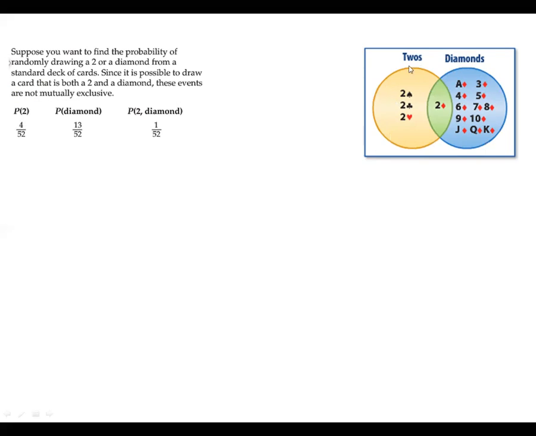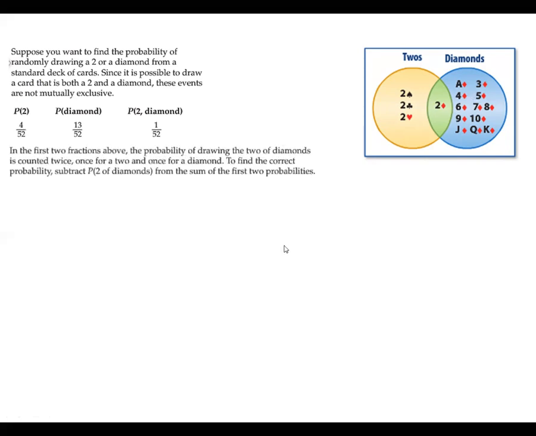You counted it in the group of 2s, and you counted it in the group of diamonds. Okay? So if you were to just add the probability of 2 and the probability of diamonds together and get 17 out of 52, it would be incorrect because you counted this card 2 times. You counted it as a 2 and you also counted it as a diamond.